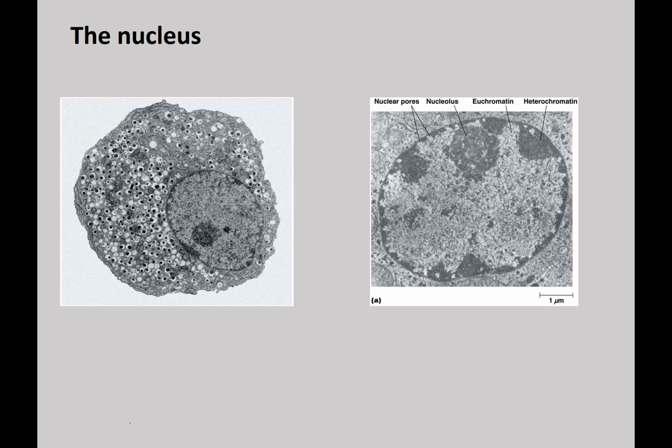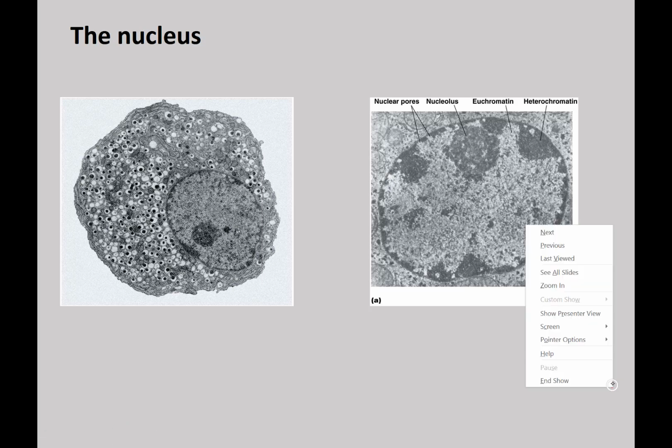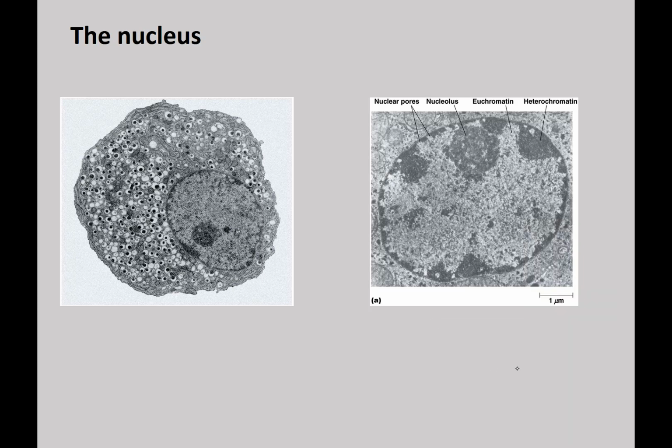So these are electron micrographs. Here, outlined in yellow, if you can kind of see that, that's the nucleus. And that's the same thing shown over here, obviously a slightly different nucleus.